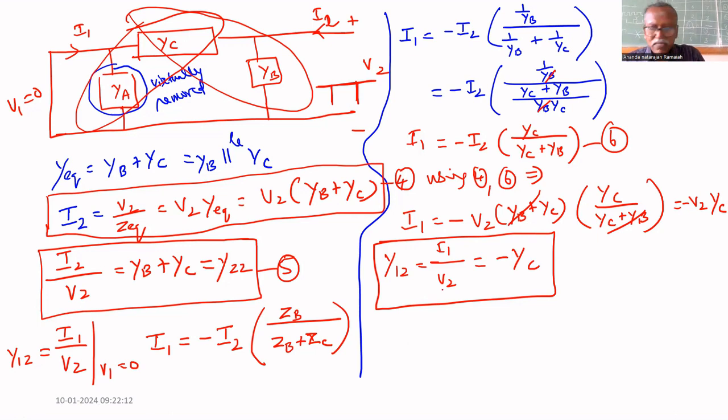So if a pi circuit is given, you need not derive all these things. For example, in the examination, it is given that 10 ohm, 8 ohm, 8 ohm, and this is 20 ohm.